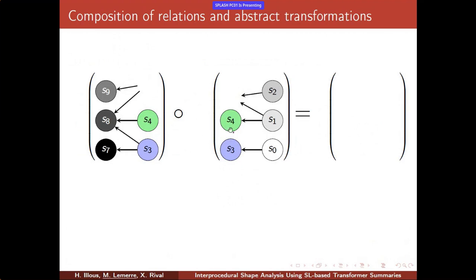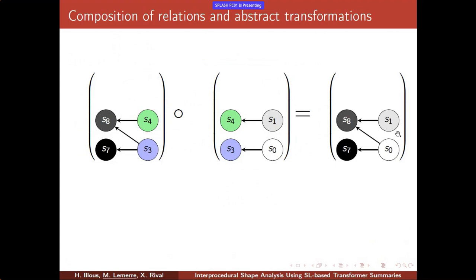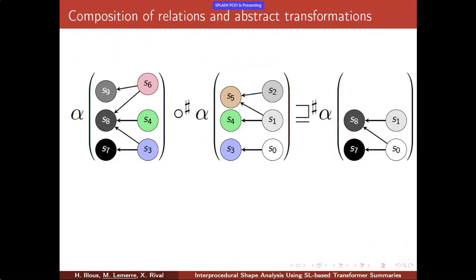So there is some notion of intersection going on here, trying to find what are the common states between here and here. And in the end, you will find all the paths that go from white to black. If you want to do that in the abstract, we only do an over approximation. So we replace the equality here by inclusion.